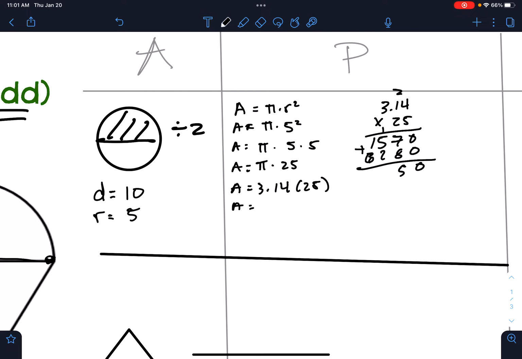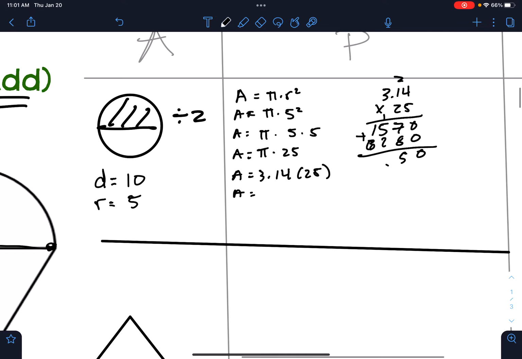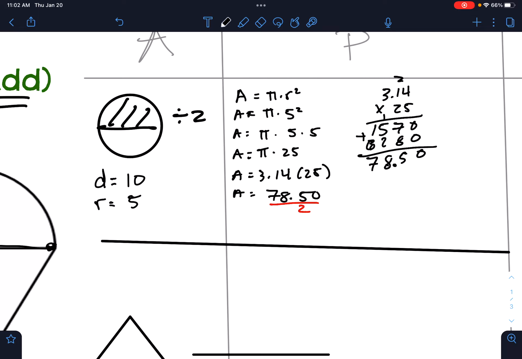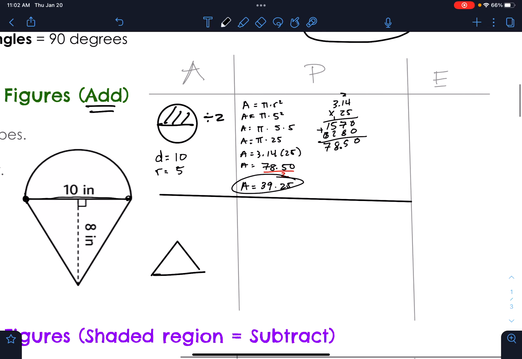We have 7, 8. 78. Two decimals. So our area of our whole circle is 78.50. But I need to divide this by 2 because we need half a circle. When I do that, my area is the following: 39.25. So I'm done with this half circle.